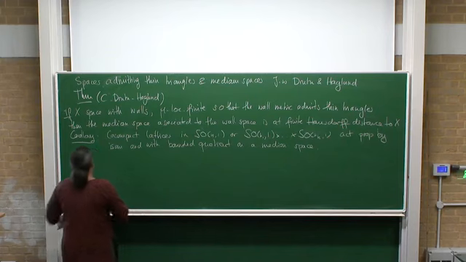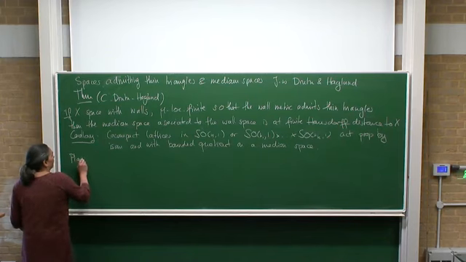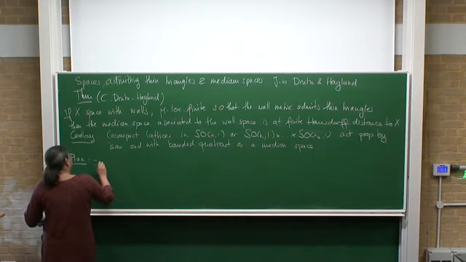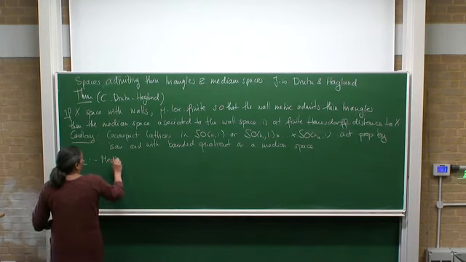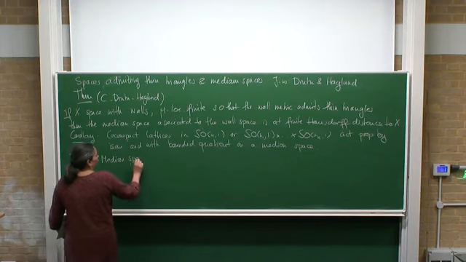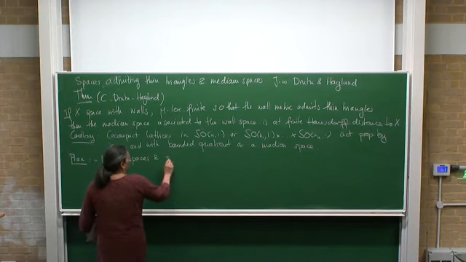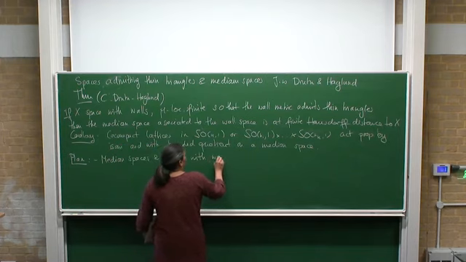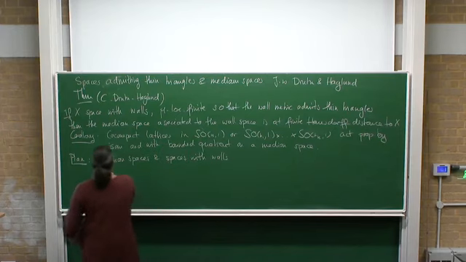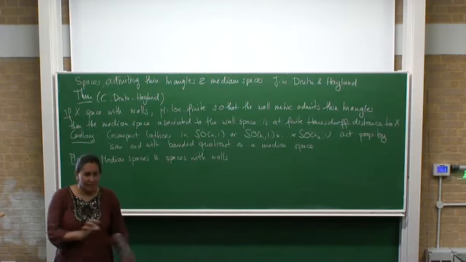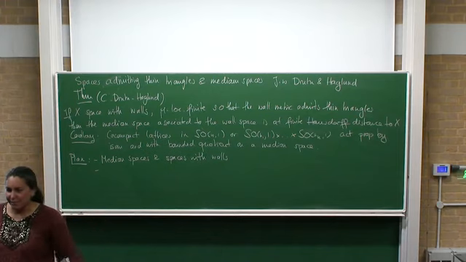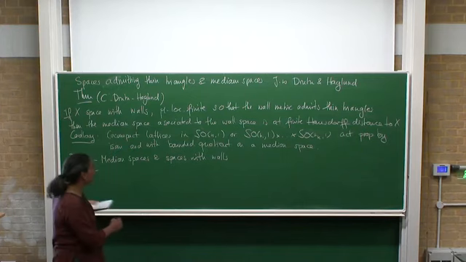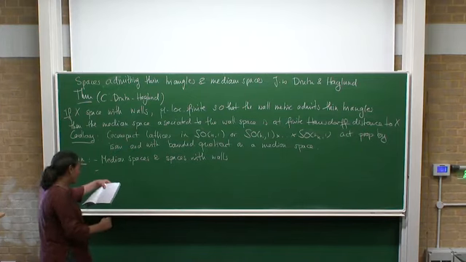So here's my plan for the talk. I'm going to talk about median spaces and spaces with walls. Unfortunately, that's not yet in everybody's culture. Maybe in a few years it will be. But anyway, I'll talk about it.